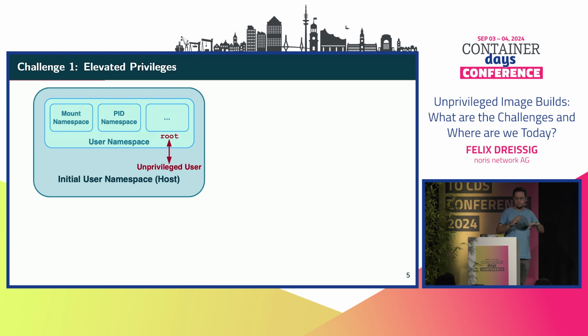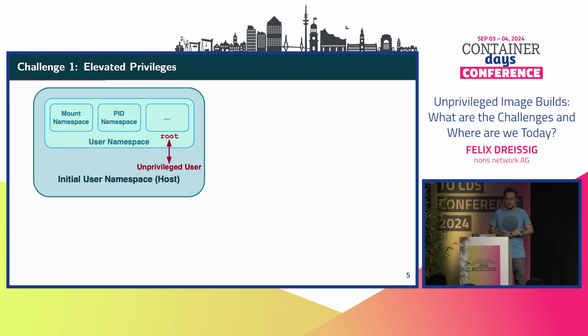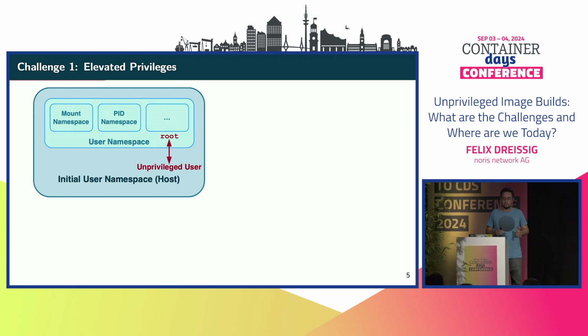So you set up this namespace, you gain root access in there, but only in there. And from there, you can then set up additional namespaces which are bound to that user namespace, and do things like chroot and pivot_root, all things you might need.